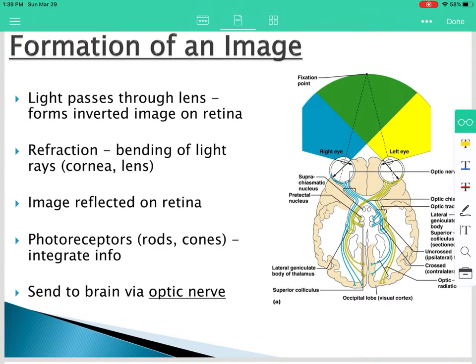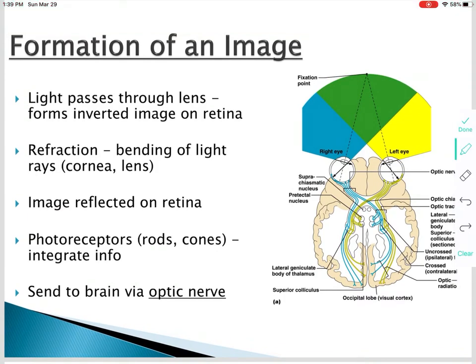All right, I put this on here as a way for you to put it all together. On your own, it would be very helpful to go through the order in which light rays come in: cornea, pupil, lens, retina, optic nerve. And the optic nerve is what takes the information to the brain. A couple of things to point out.